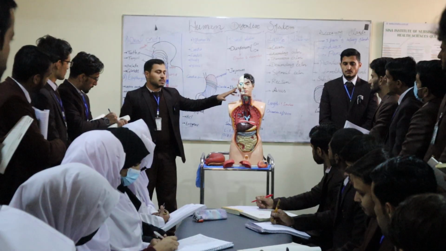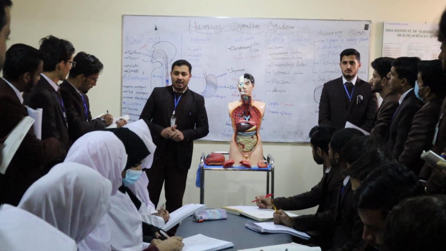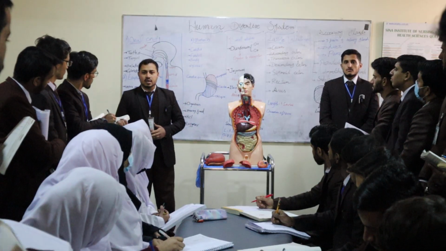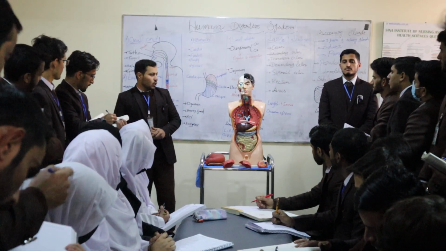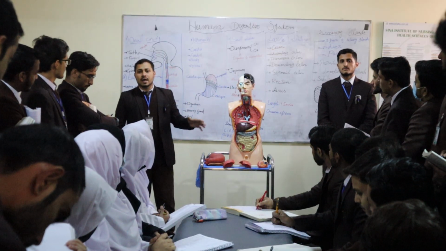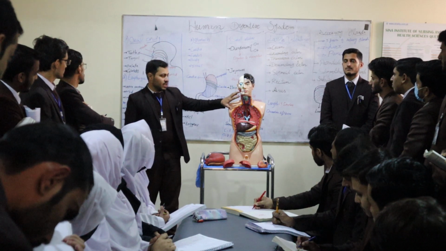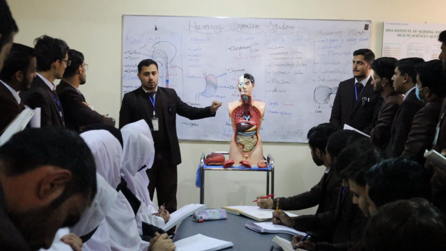At the same time, the salivary glands start releasing saliva that contains salivary amylase, which initiates the digestion of carbohydrates. So the release of saliva and the crushing by the teeth are the mechanical and chemical processes.